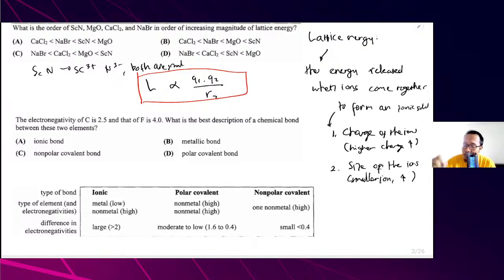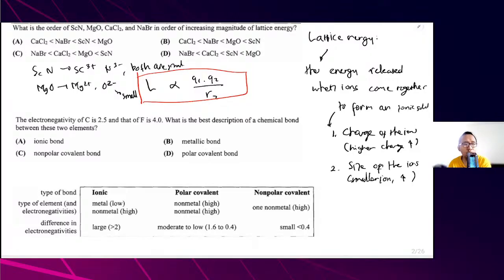And then how about MgO? MgO is Mg2 plus and O2 minus, and both are also small.